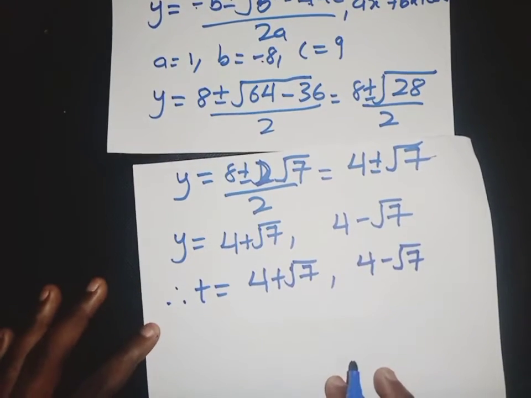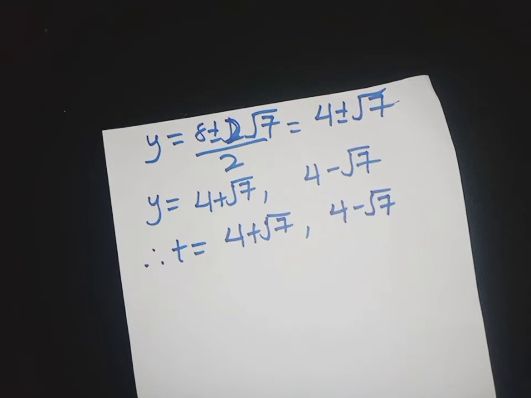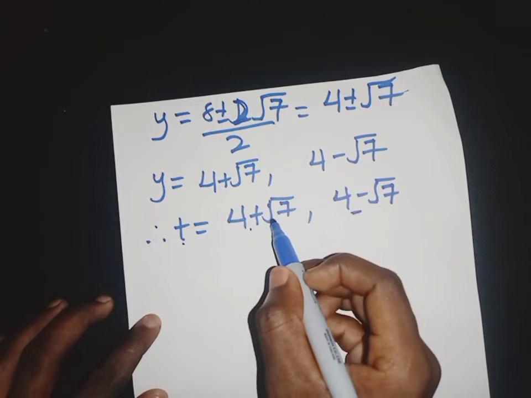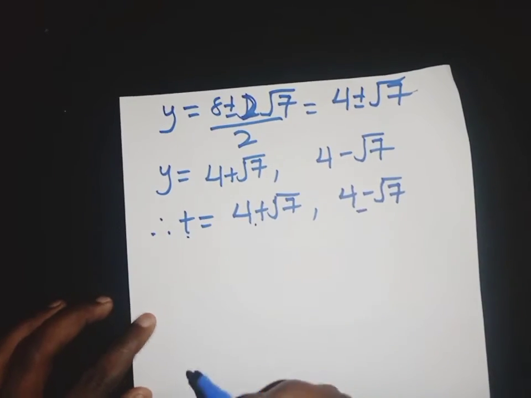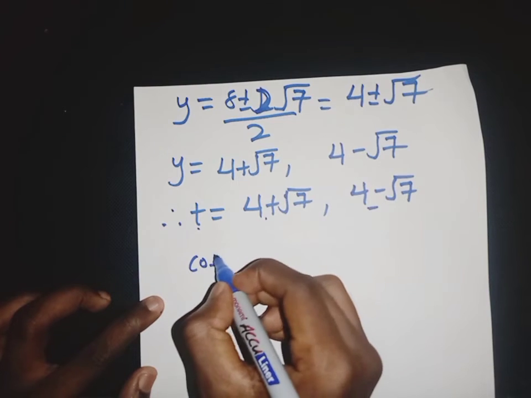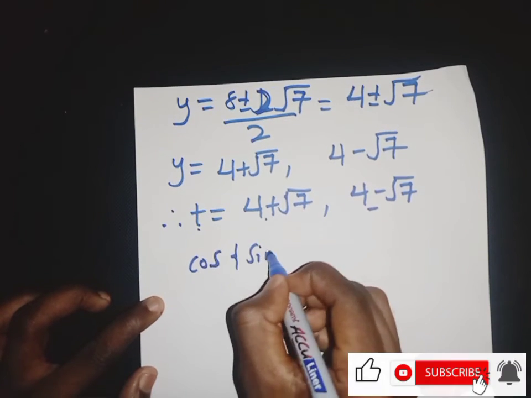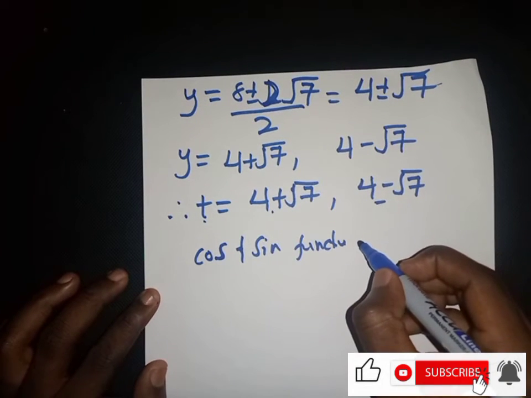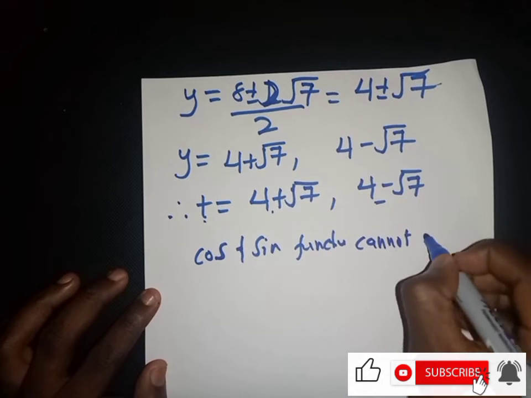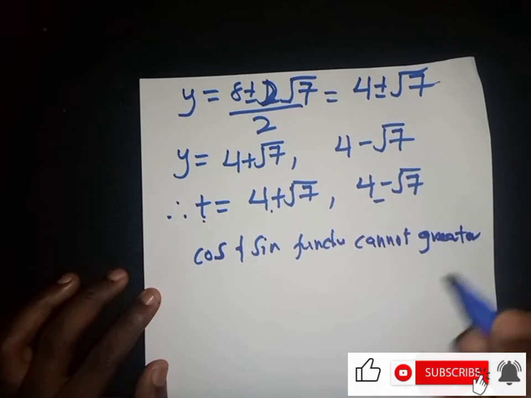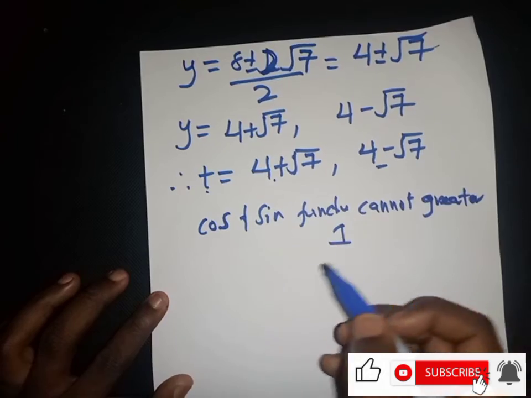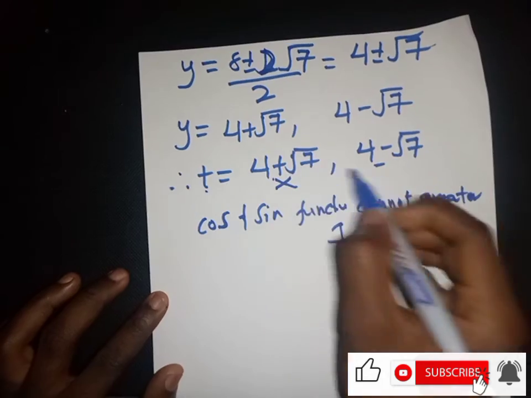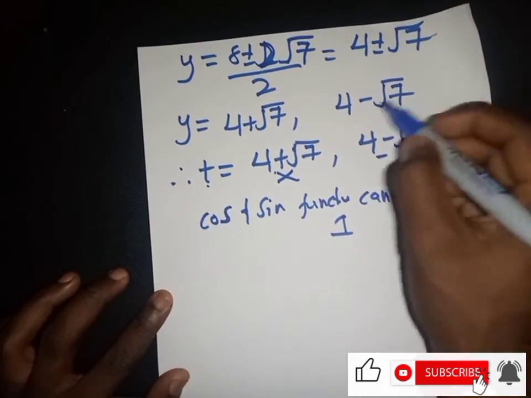Now from here, what we have to do is discard one of those values. Why? Because cos and sine functions cannot be greater than 1, so we are going to discard t equal to 4 plus root 7, and we take the other value.